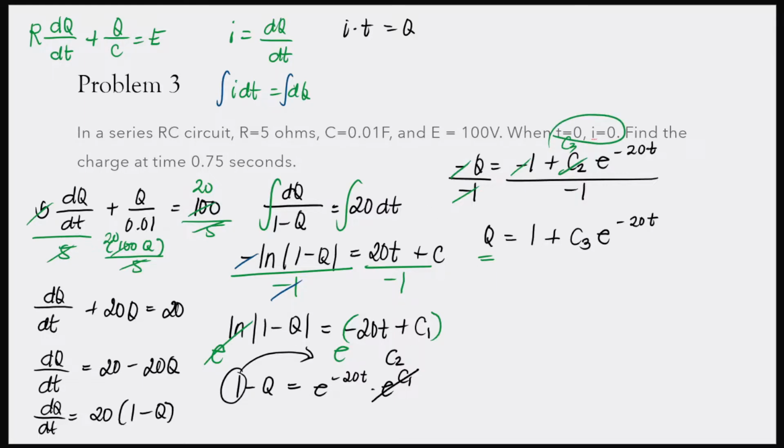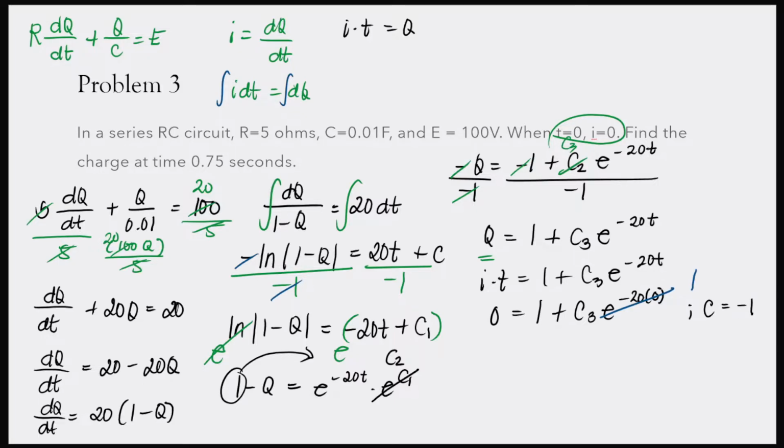So we have i times time is equal to 1 plus C3 e raised to negative 20t. We know i is equal to 0 when t is equal to 0. So, 0 is equal to 1 plus C3 e raised to negative 20 times 0. e raised to 0 is simply 1. Therefore, C3 is equal to negative 1.